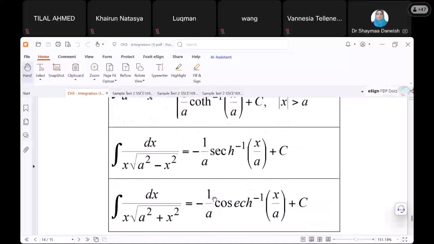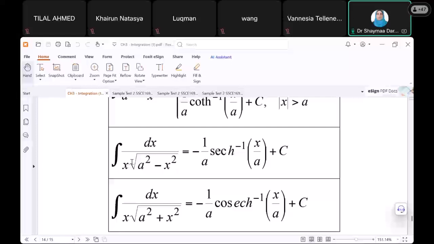For sec inverse and cosec inverse, we have square root of a squared minus x squared in the denominator, but multiplied by x. If you have x outside here, this is usually either sec inverse or cosec inverse. It depends if you have under the square root a squared minus x squared or a squared plus x squared.